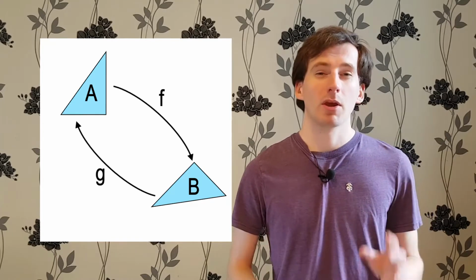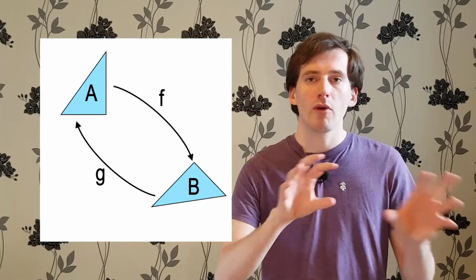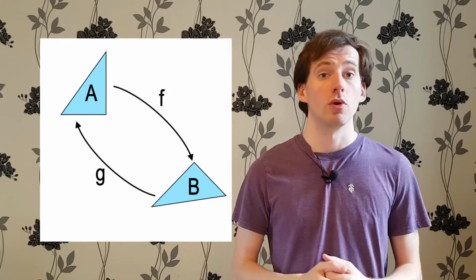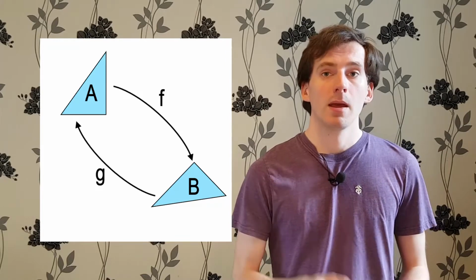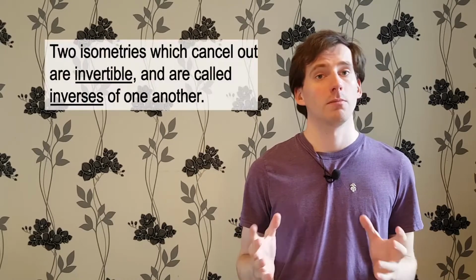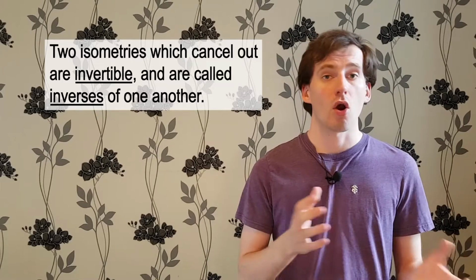Be careful, because we don't yet know that this is always the case, because we're only saying something about the shapes A and B and we don't know what the isometries do to the rest of the plane. But clearing this up is the main point of this video. If the two isometries do cancel each other out, we say that the isometries are invertible because they undo each other, and we say that they are inverses of one another.